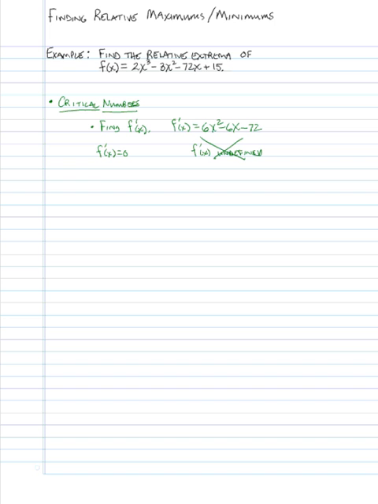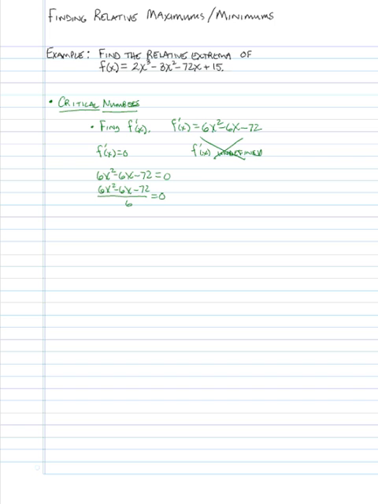And of course, what we're doing is setting the derivative to 0 and solving for the appropriate x's. I'm noticing that 6 is a common factor, so I could take both sides of this equation and divide by 6.